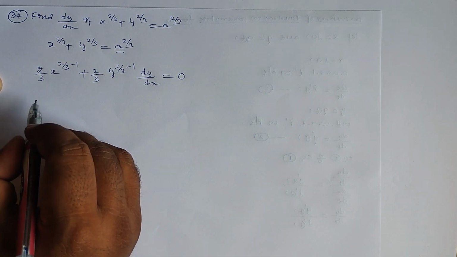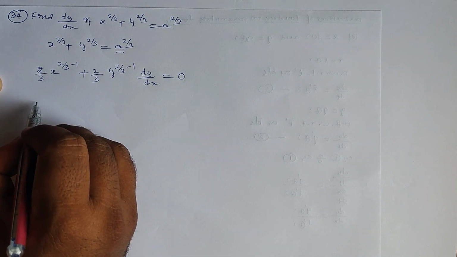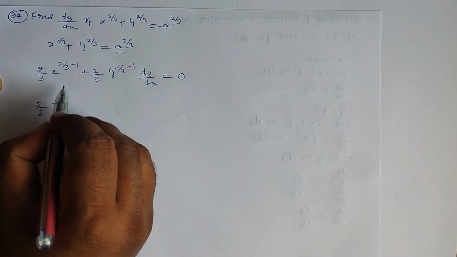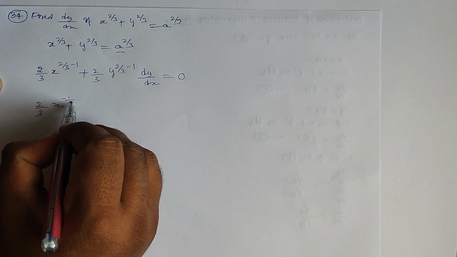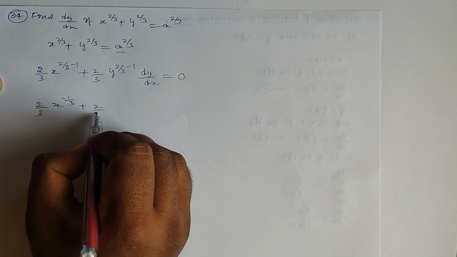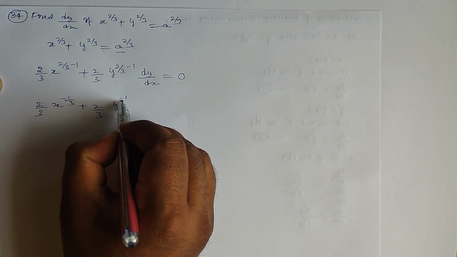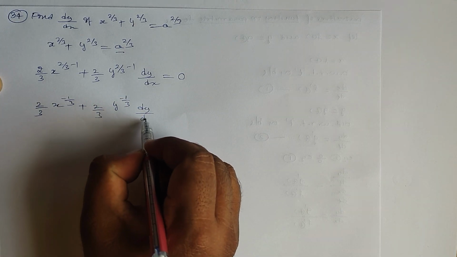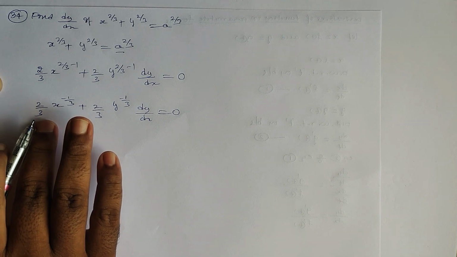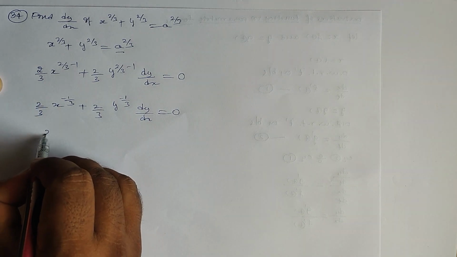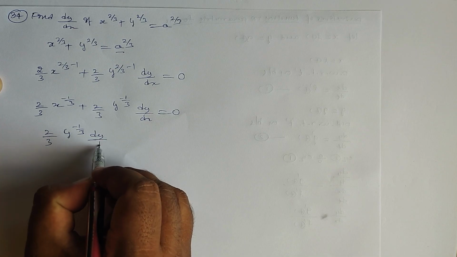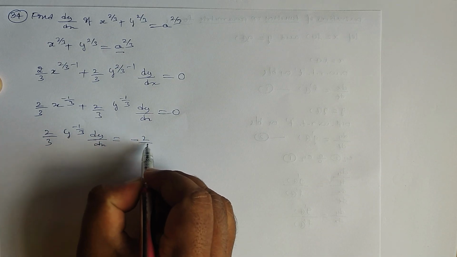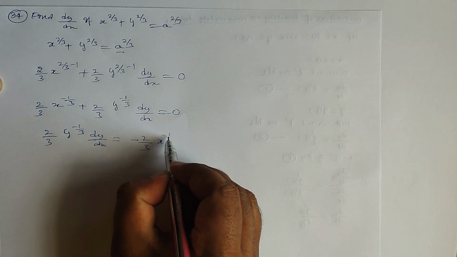Okay, next. 2 by 3 x raised to, taking LCM 3, 2 minus 3, minus 1 by 3, plus 2 by 3 y raised to again minus 1 by 3 dy by dx equal to 0. Okay, this term take that side, that becomes 2 by 3 y raised to minus 1 by 3 dy by dx equal to minus 2 by 3 x raised to minus 1 by 3.